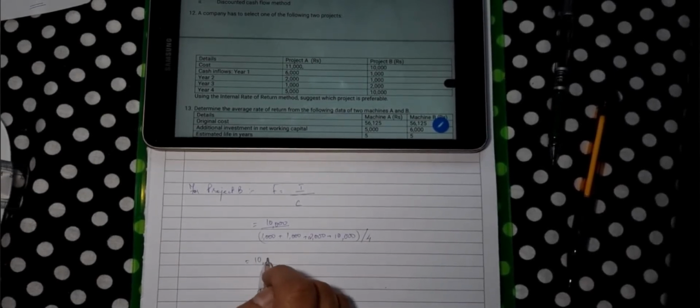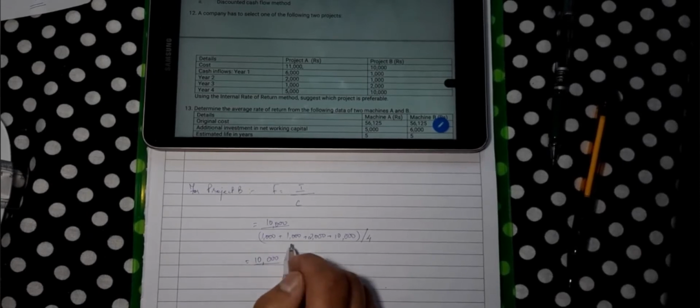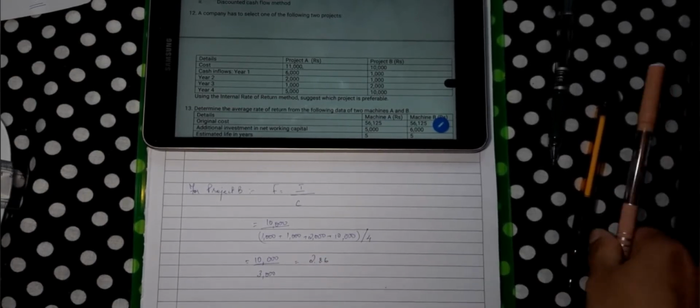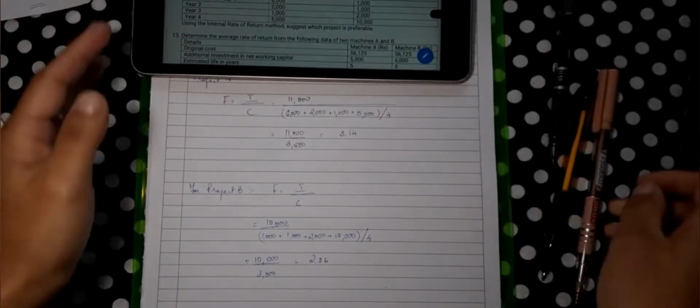That is 10,000 divided by 3,000, which is equal to 2.86. So these are the factors that we have. Now we're going to use these values, 3.14 for project A and 2.86 for project B.